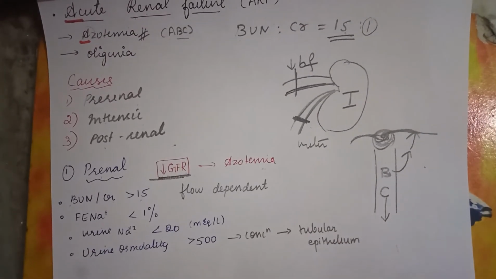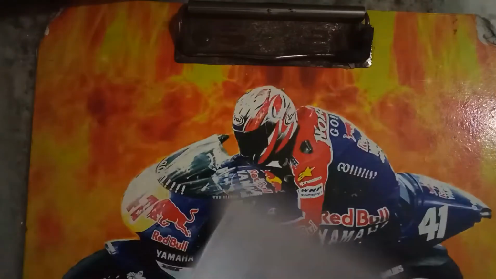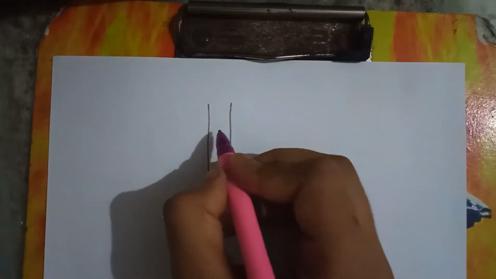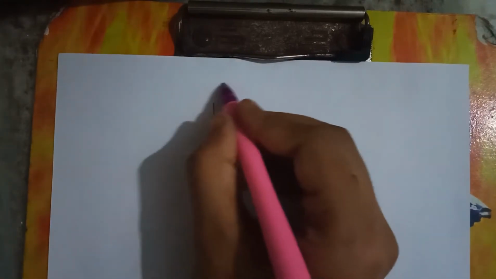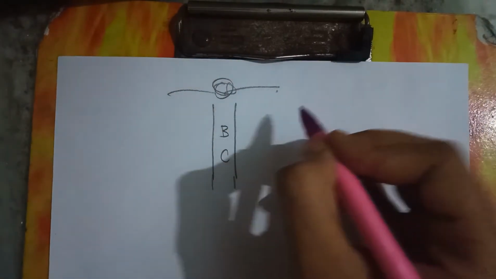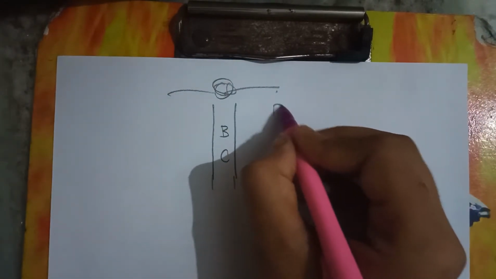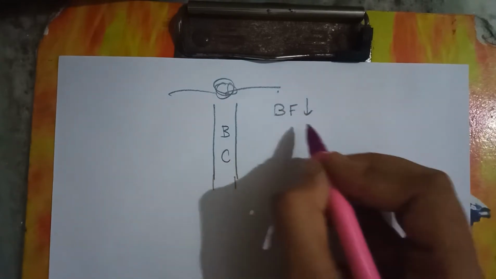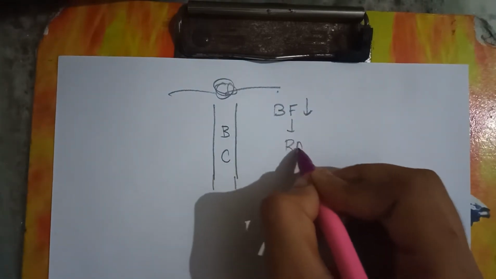So first, when we are trying to learn, this is nothing but the normal tubule. As I told, this is the glomerulus and efferent arteriole. Since the amount of fluid in blood flow is less, there is activation of RAS.